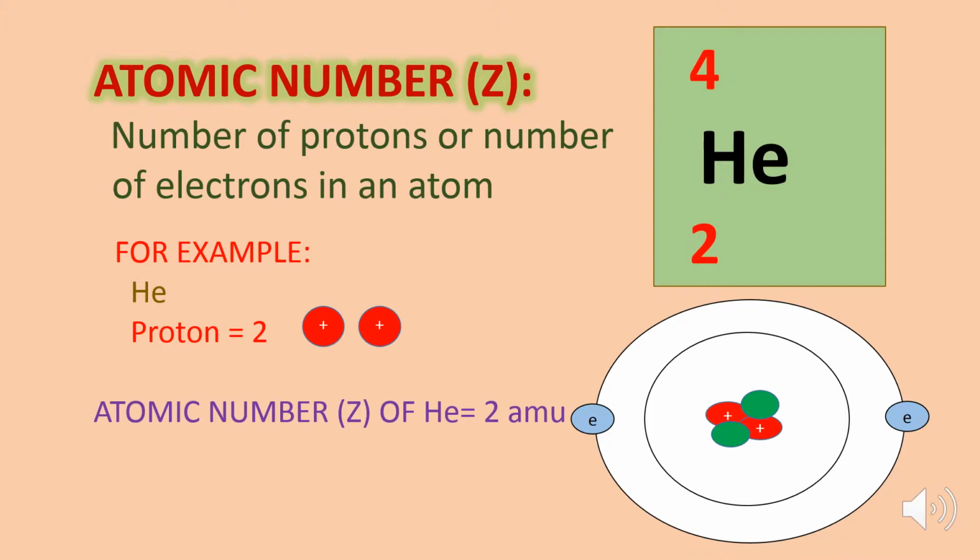So in the periodic table we can see that the helium is represented by the symbol capital H, small e, and right below it the atomic number is written, that is 2, which denotes the number of the protons present inside the nucleus of a helium atom.